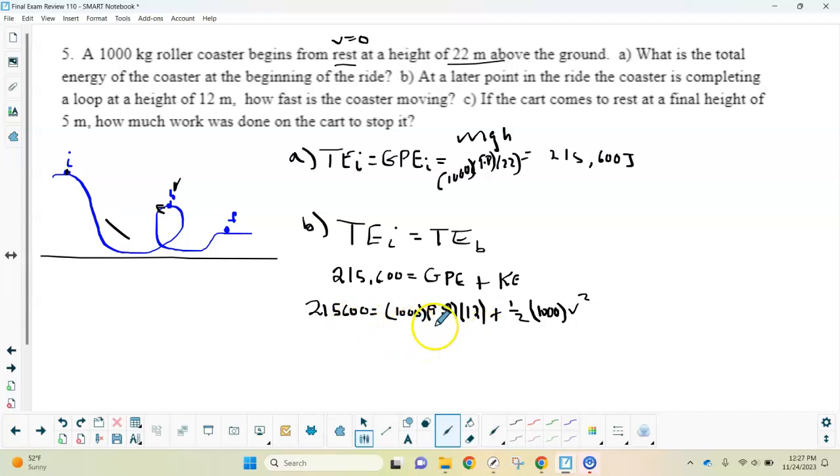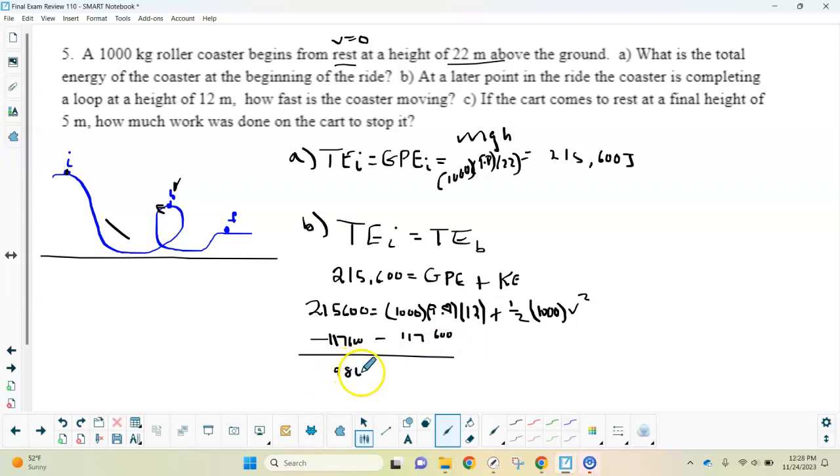But when I do 1,000 times 9.8 times 12, so let me just do that. 1,000 times 9.8 times 12. I got 117,600, and we're going to subtract that from both sides. So if we do that, 215,600 minus 117,600, you get 98,000.